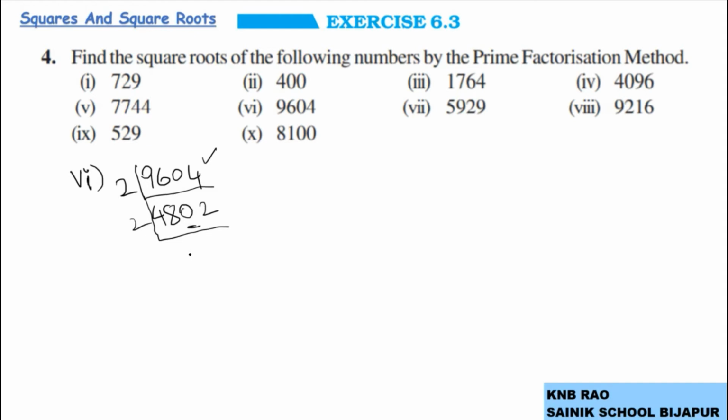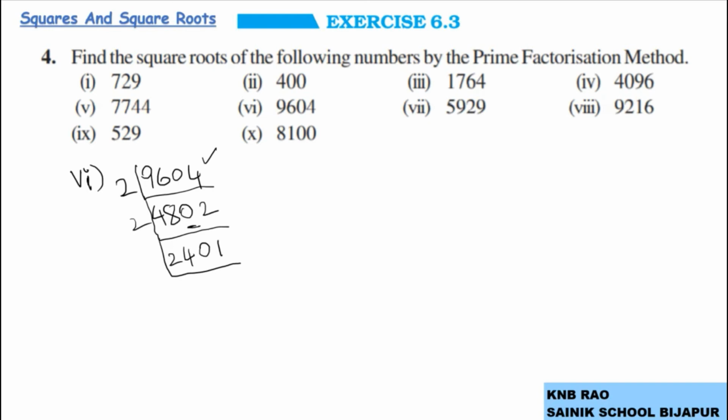Now 2 2s are 4, 2 4s are 8, 2 zeros are 0, 2 1s are 2. Now it is not an even number, not divisible by 2. Since the sum of the digits is not 9, therefore not divisible by 3 also.